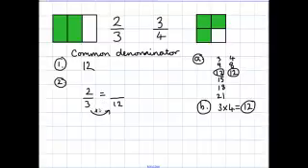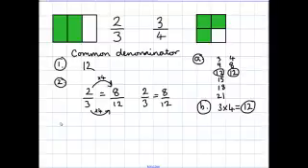Well, I've multiplied it by 4, and therefore I'll have to do the same to the numerator if I want to keep it as an equivalent fraction. So 2 times 4 is 8. So 2/3 is the same as 8/12.